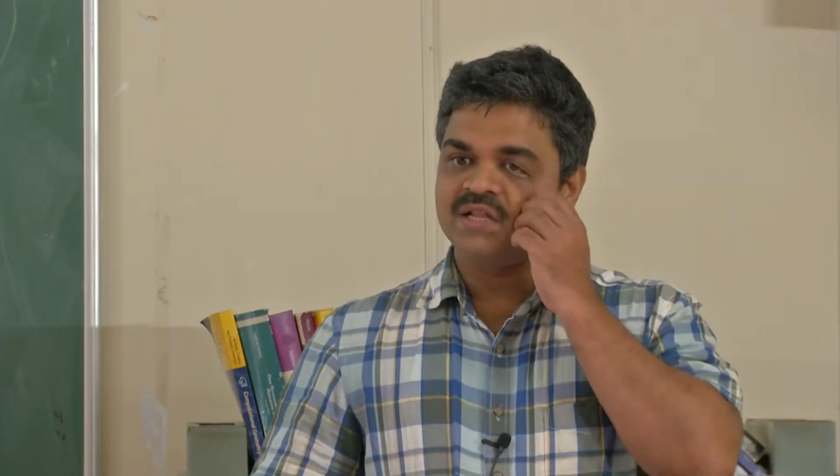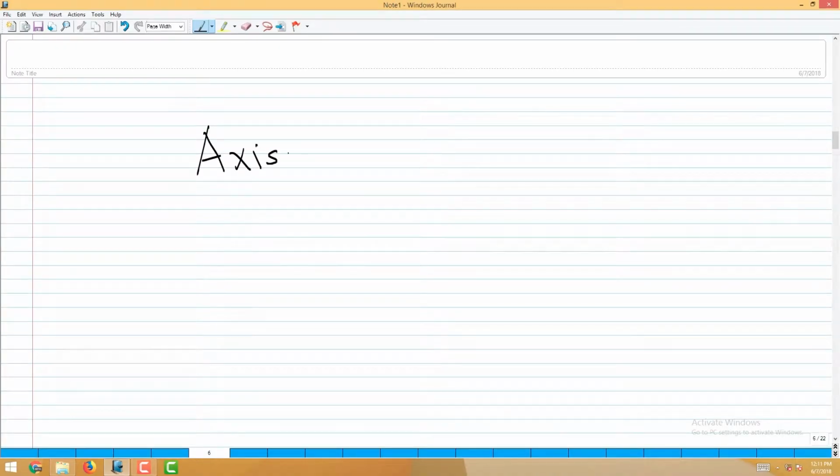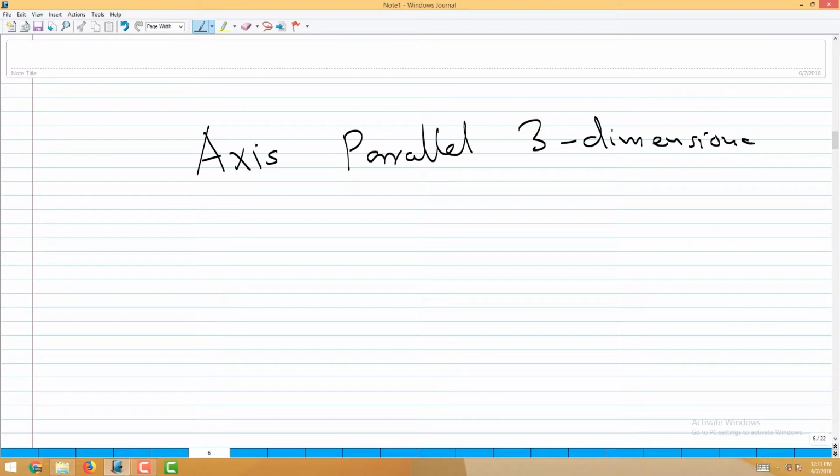So, this rectangle graph is in 2 dimensions, and now there can be a similar intersection graph in 3 dimensions also. So, what will that be? Instead of axis parallel rectangles, you will consider axis parallel 3 dimensional boxes, hyper rectangles or something like that, you can say. 3 dimensional boxes, box is a nice word.